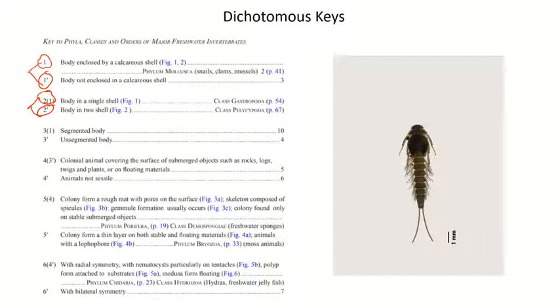Okay, so identification proceeds by choosing between the contrasting leads of a couplet. So these are really contrasting, as we'll see soon. That lead which best fits the organism to be identified is selected. Then all couplets hierarchically beneath that lead, either by indentation or numbering, are sequentially checked until an identification is obtained.